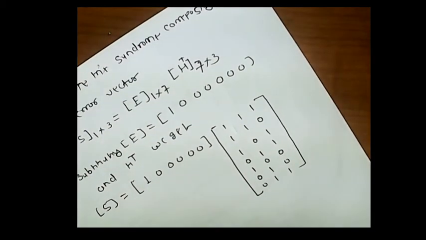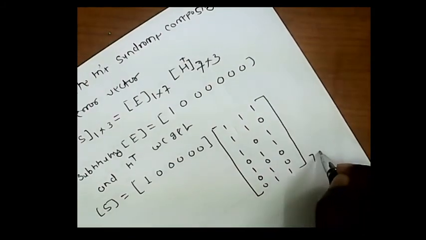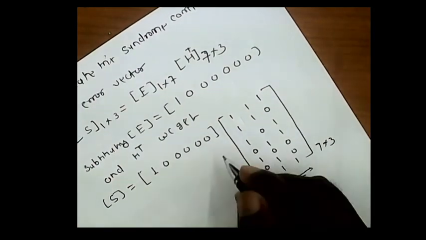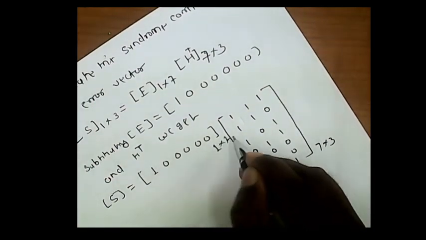So this is the transpose of the parity check matrix, of dimension 7 by 3. This is H transpose, and this is your error vector of dimension 1 by 7.